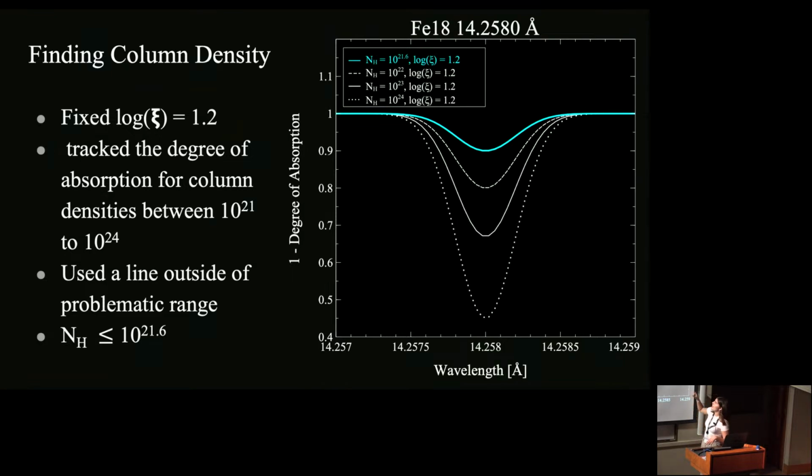Whereas if I increase my column density to something like 10 to the 24, that absorption feature becomes much more prominent. And if I were to have a column density of something like 10 to the 24 in my spectra for my specific AGN, then we would be able to see that iron 18 line, which we don't see.